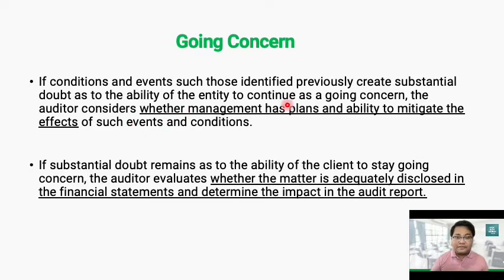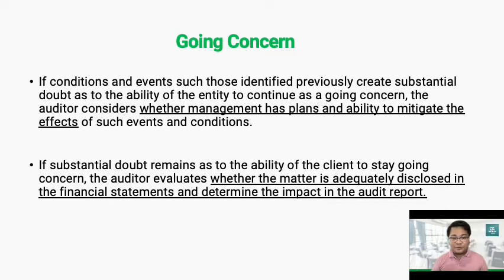Because that is important in our evaluation of their going concern assumption. Now, if after the management told us their plans and their courses of action to mitigate the effect of such event and condition, there still remains a doubt on the ability of the client to stay a going concern, we have to evaluate whether that matter is adequately disclosed in their financial statements and to determine the impact on the auditor's report.